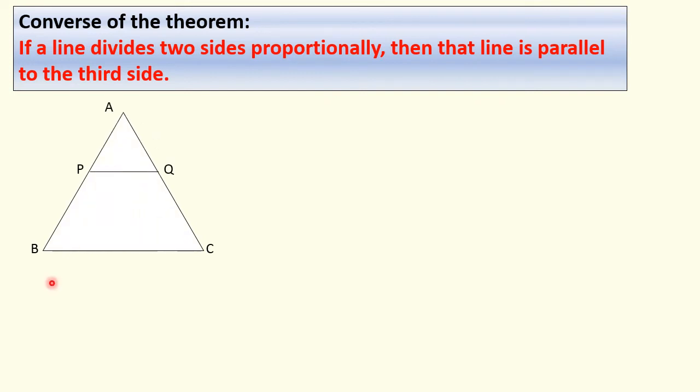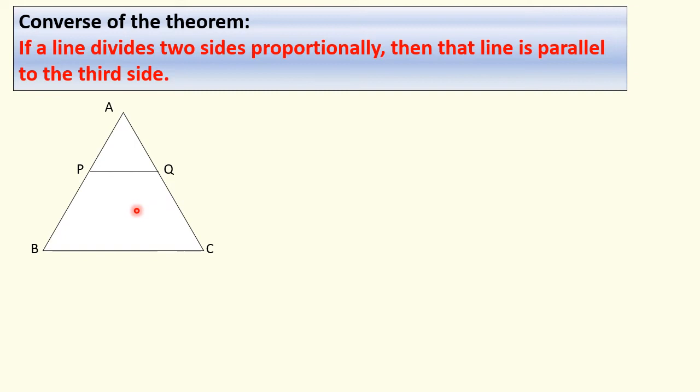Let's see the diagram. In triangle ABC, an additional line PQ is drawn. The theorem says, let's assume that line is PQ, if a line divides the sides AB and AC proportionally, so the ratios of the divisions are equal, then that line is parallel to the third side.